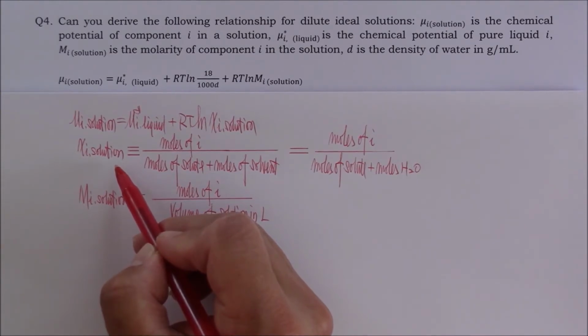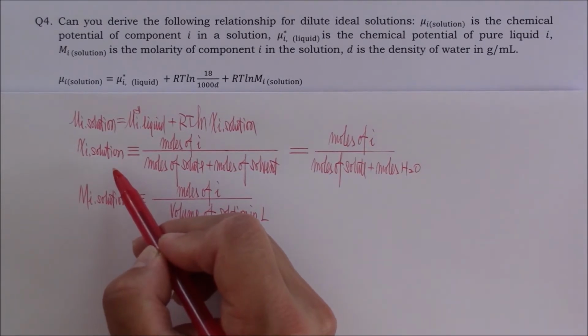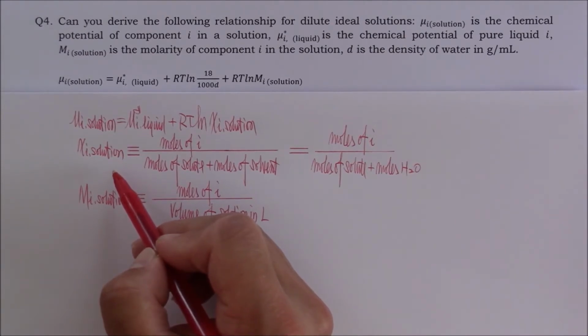That will give us a very convenient way to solve the problem. Let's assume we have 1 liter of solution. But I want to emphasize, you can also assume that you have 2 liters or 10 liters of solutions. It does not matter what volume or how many liters you choose. But if you choose 1 liter, the calculation may be a little easier than if you choose other numbers.